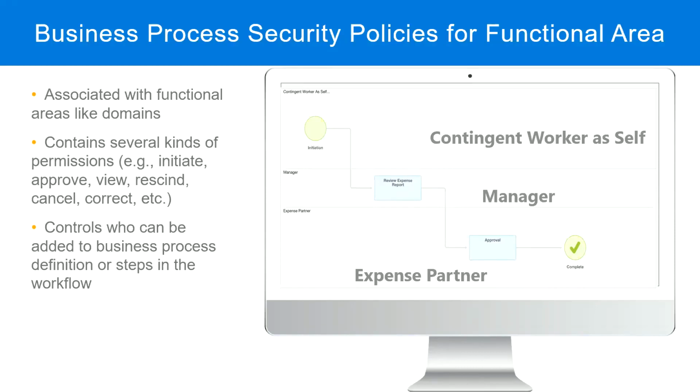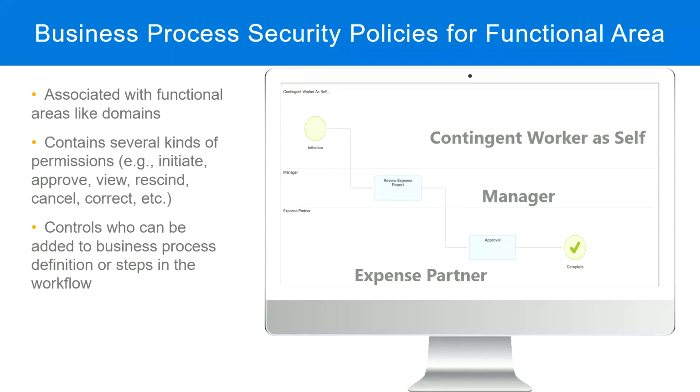One is domains, the other is business processes. So business processes are also associated with functional areas, just like your domains are. And the business processes are secured by the business process security policy.